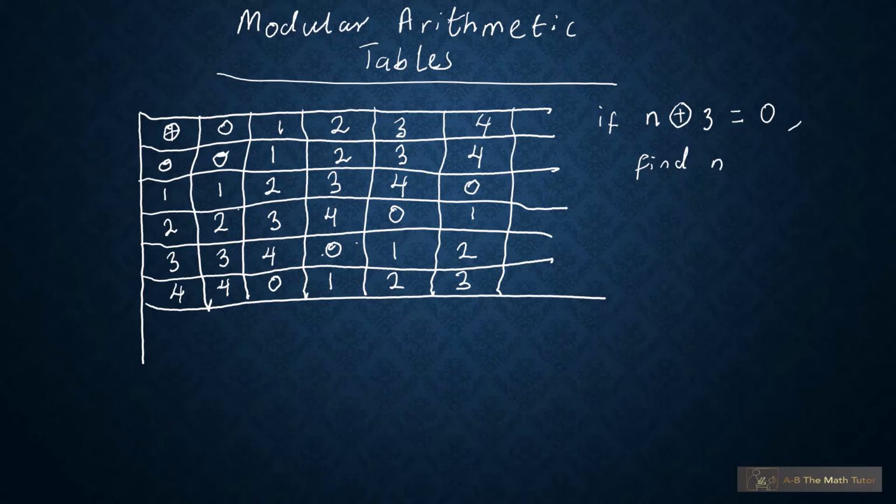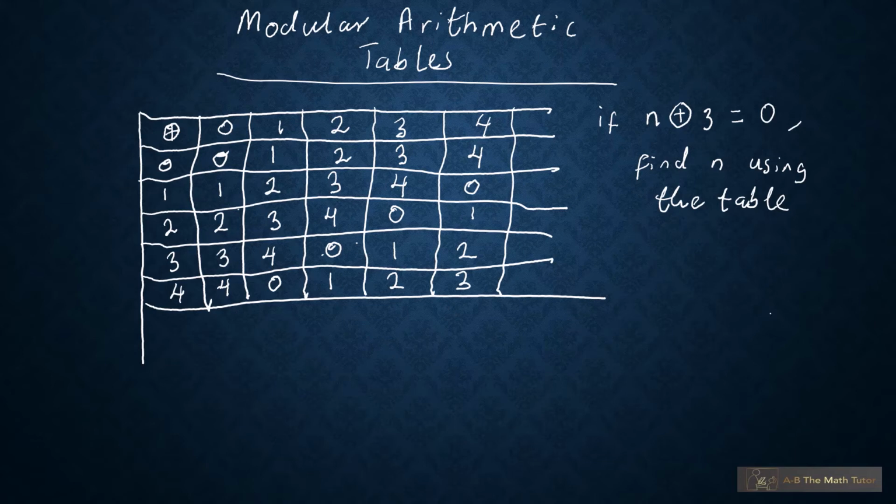If n plus 3 equals 0, find n using the table. So using the table, we are going to find the value of n for which n plus 3 equals 0.